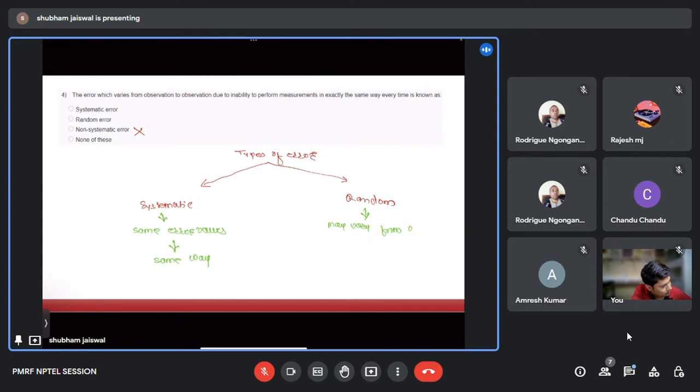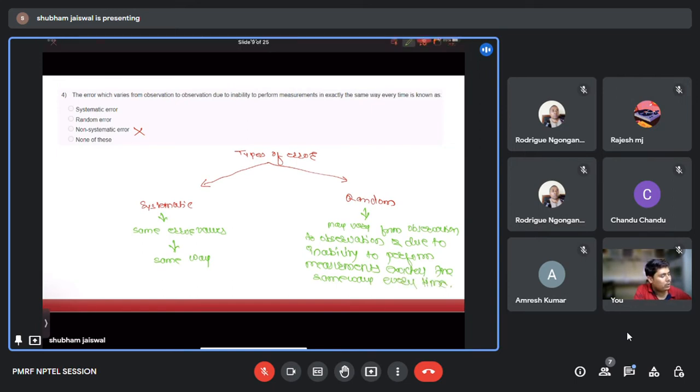So random error may vary from observation to observation, and is due to inability to perform measurements exactly the same way every time.